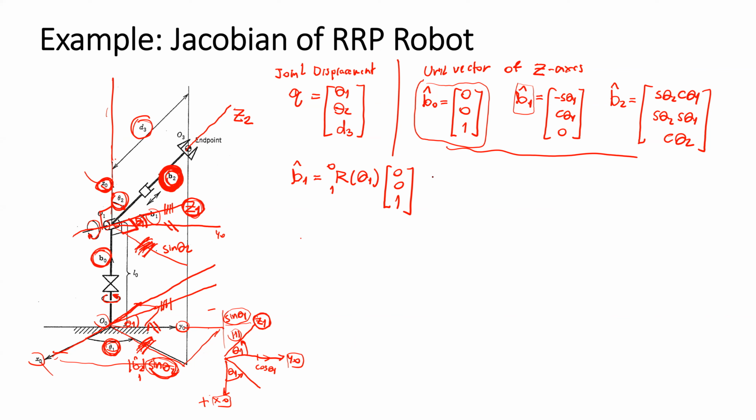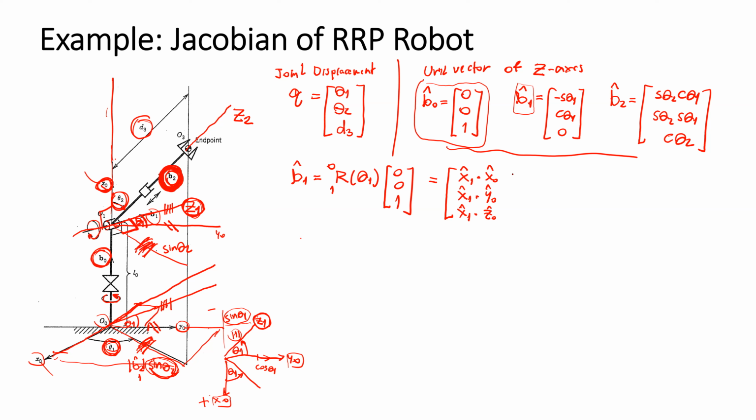So the rotation matrix of 1 per 0, how can we obtain the rotation matrix of 1 per 0? It means we have the unit vector of x-axis of the new axis, x1 dot x0, x1 dot y0, and x1 dot z0.